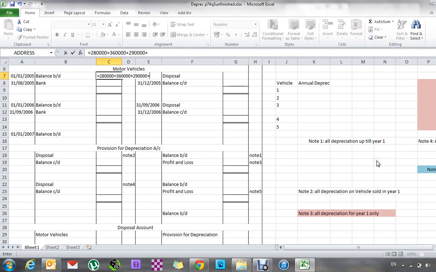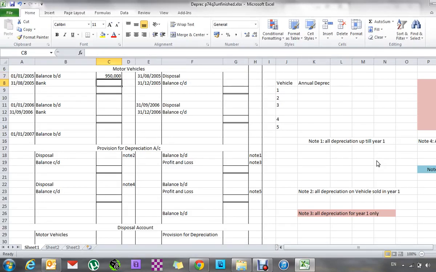The second bus had a refrigeration system fitted for 20 grand. So I'm going to add 20 grand to that. So that's the total at the beginning. Just to check: 280, 360, 290, and 20 grand.